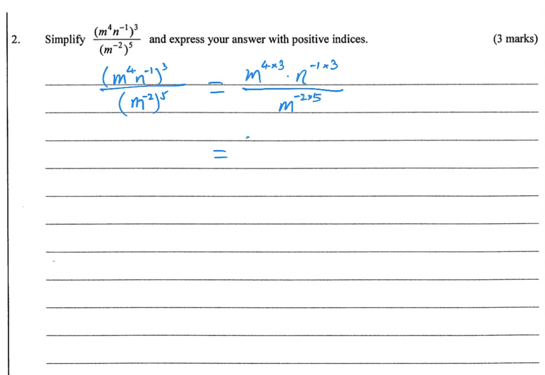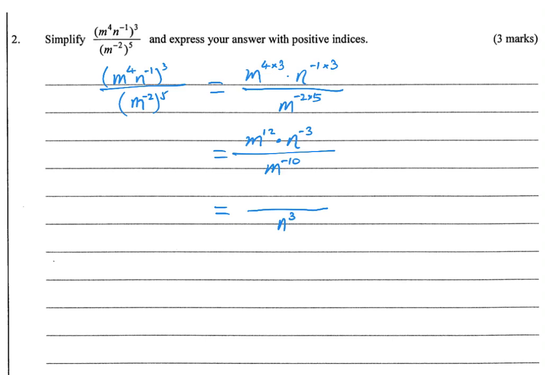Now simplify it, m to the power 12 and n to the power negative 3, over m to the power negative 10. Now you can see that there are negative powers, so try to change them to positive power first. This negative power 3, you can move it down to become n to the power positive 3.